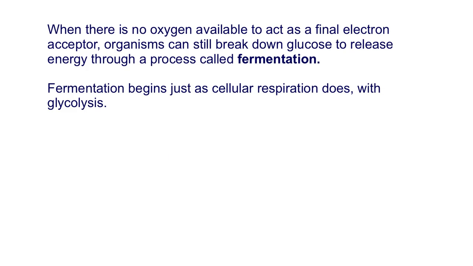You don't use oxygen. It makes a very small yield of ATP, not 38 per glucose, more like 2. So very inefficient. We use it when there's no oxygen available, like I said, when we're sprinting, doing bursts of energy.